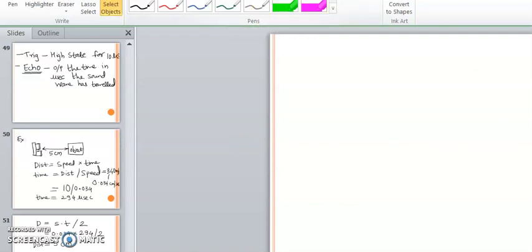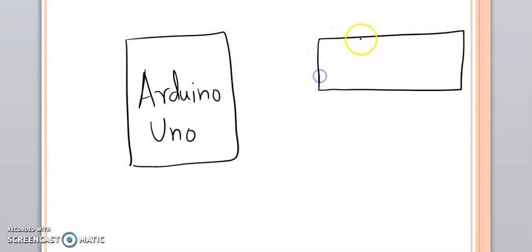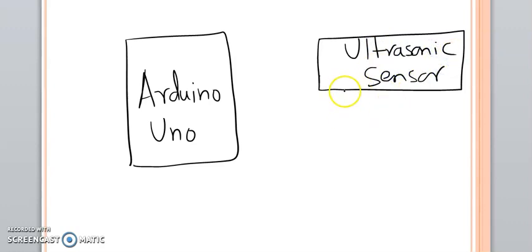Let us draw the configuration. Consider this as your Arduino, and this is your ultrasonic sensor. As discussed earlier, the pins are VCC and ground.